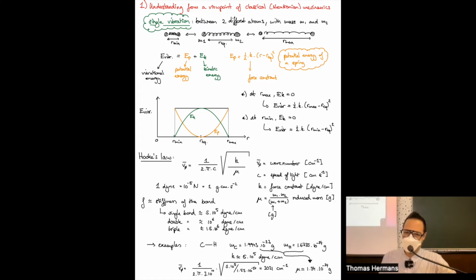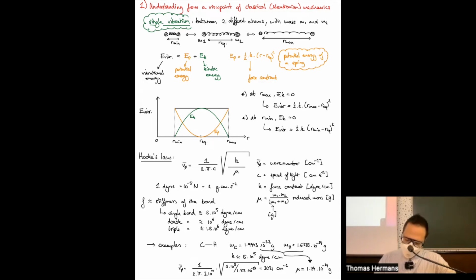Okay, so that's nice. How can we use this? We can express the energy of this vibration as follows. The energy of vibration is the potential energy plus the kinetic energy.